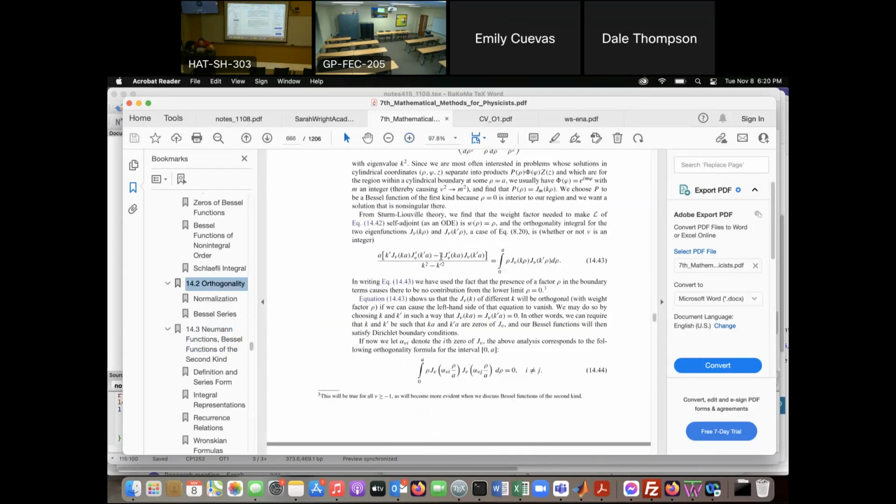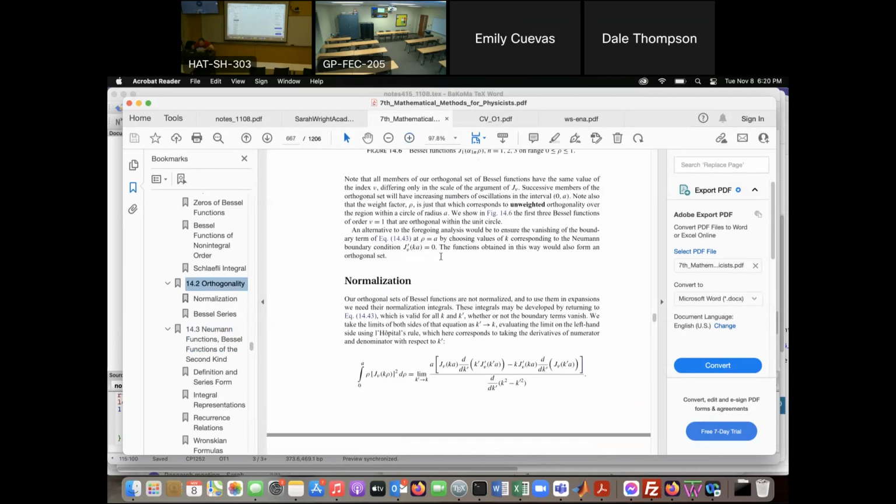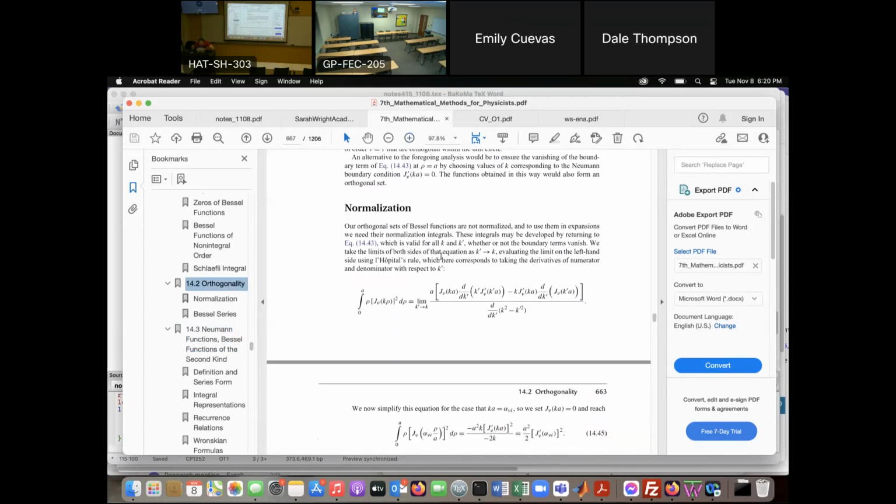Then there's a matter of the value of, as far as those integrals are concerned.